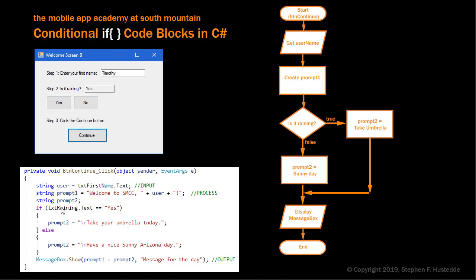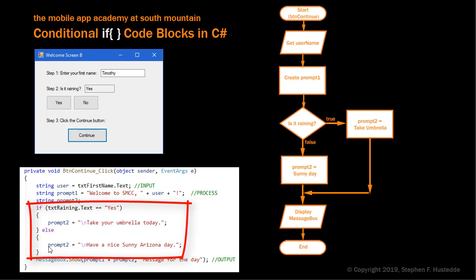So here's how we write that in code. We're getting our user input, we're prompting our string 1, and then we create our prompt 2 string, and then here is my if structure, or my if-else structure. So just like before, we have an if, txt running.text equals yes, then prompt 2 equals take your umbrella today, and then I follow that with an else, and then another set of curly brackets.